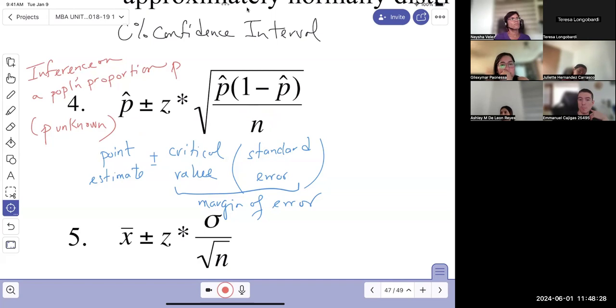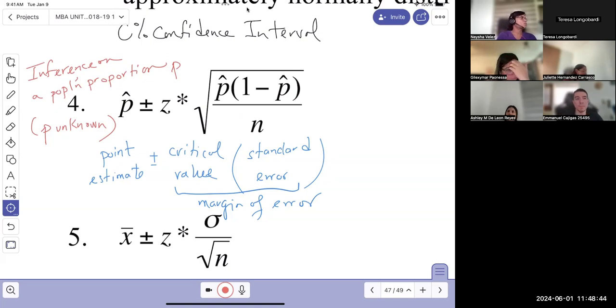So if somebody went and spent millions of dollars to estimate something, like let's say even in our experiment, and the standard deviation ended up being really high, it would be meaningless.